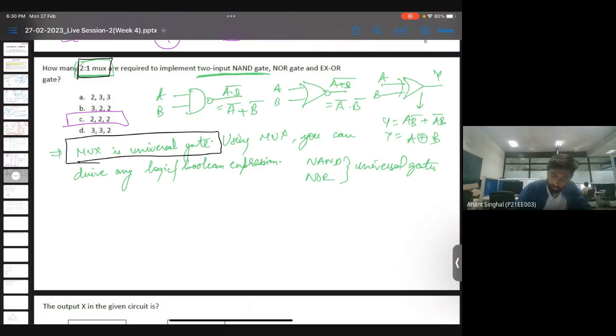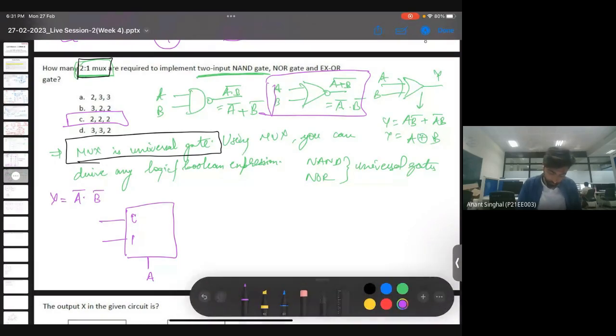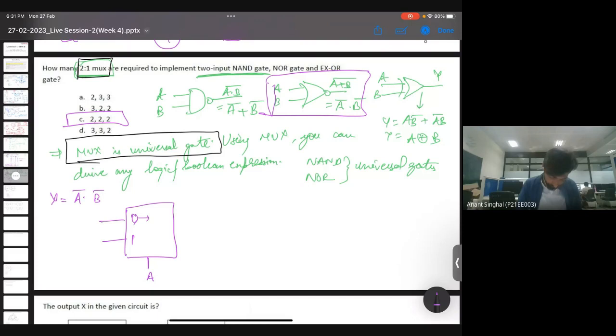I'll solve for this NOR gate first. For a NOR gate, we require output which is A bar dot B bar. For a 2 cross 1 mux, we take one as select line, with inputs 0 and 1: 0 corresponds to A bar and 1 corresponds to A. We need A bar into B bar.